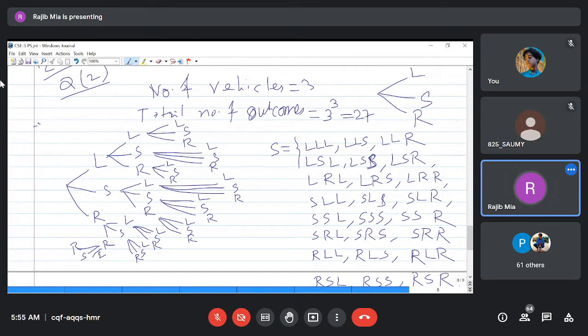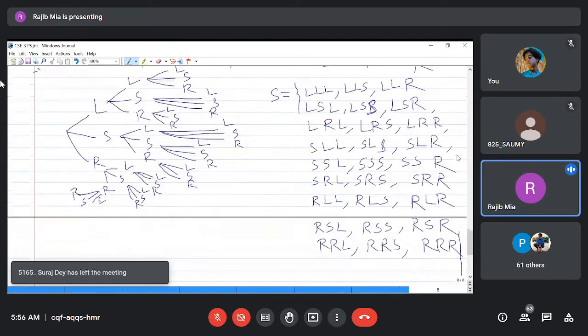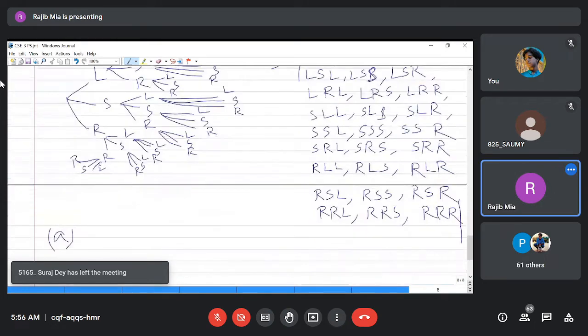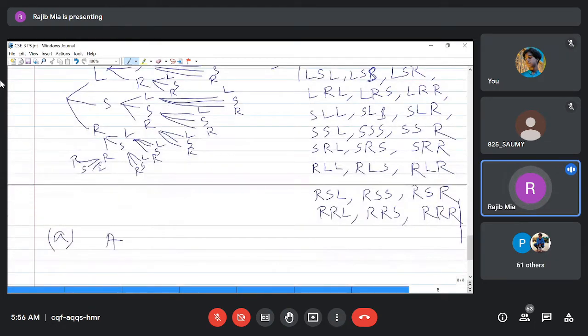For the first part of this question number 2, list all outcomes in the event A such that all three vehicles go in the same direction.